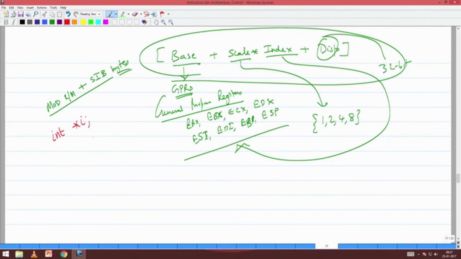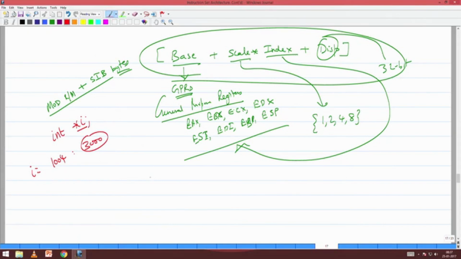I will be stored at some address, say 1004, which has some value 3000. Now, when I say *i, it is the content of 3000 that I am trying to access. So, this value 3000 will be stored in 1004 and I am going to access 3000.